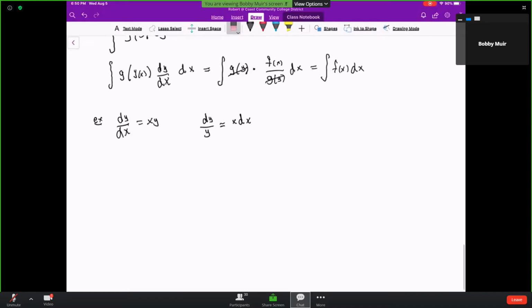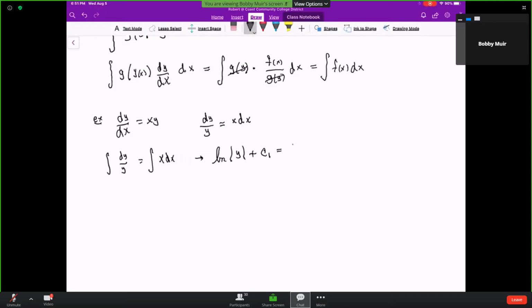Okay, so we're going to integrate both sides here. Integral dy over y equals the integral of x dx. Okay, so now this would be the natural log of the absolute value of y is going to be x squared over 2 plus some constant c1 is equal to x squared over 2 plus some constant c2.